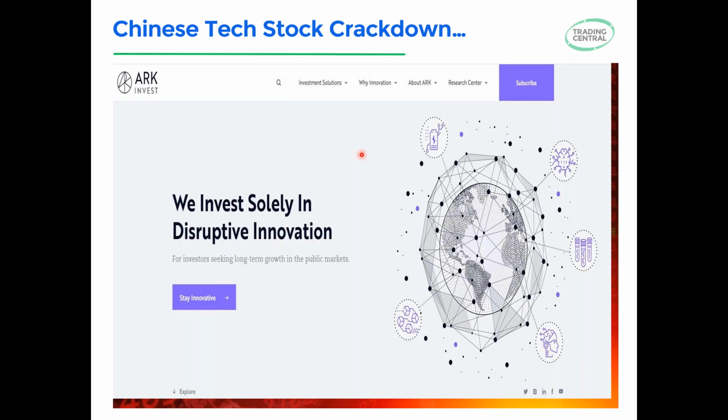Number three, stocks, US stocks or stocks in general, could be used as collateral for loans. If you apply for a loan, you have to put down some collateral. If that stock has been blacklisted, sorry, you cannot use that stock.